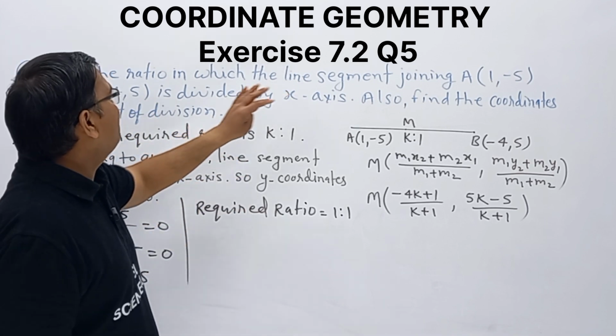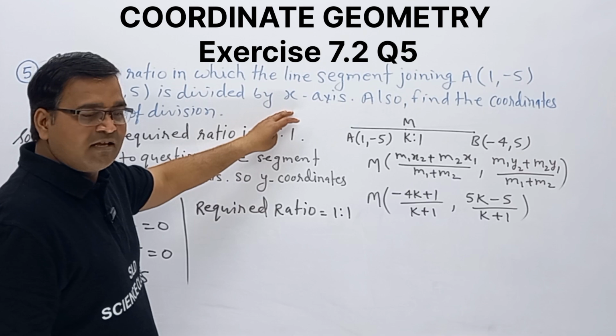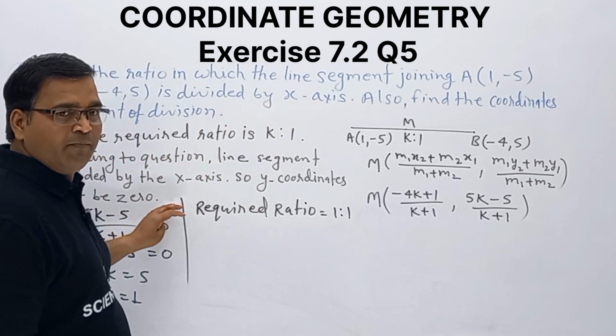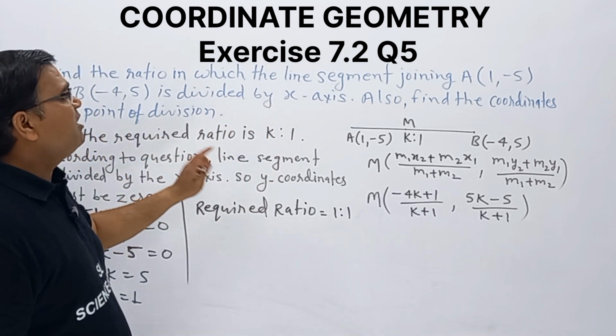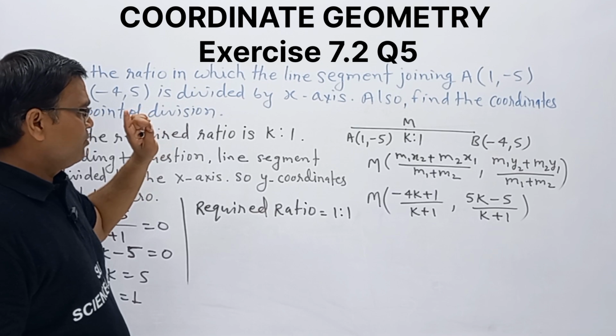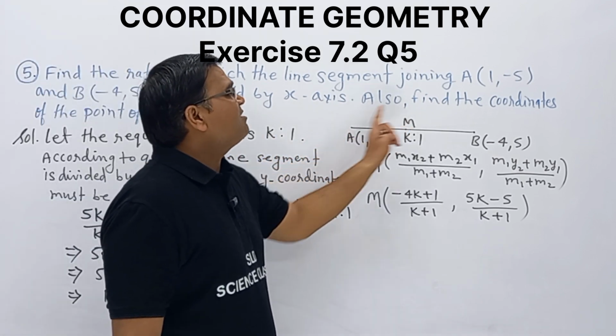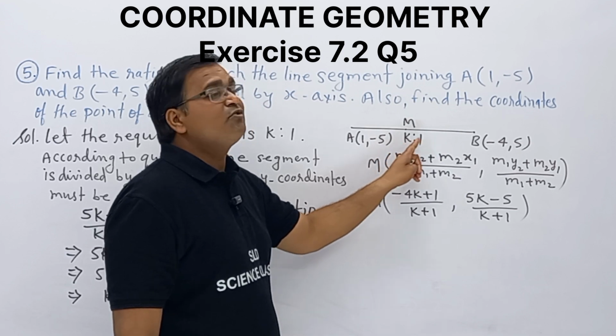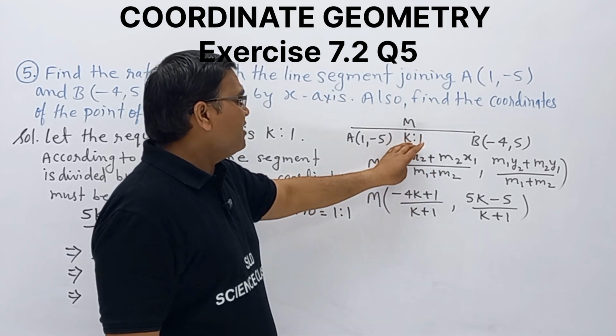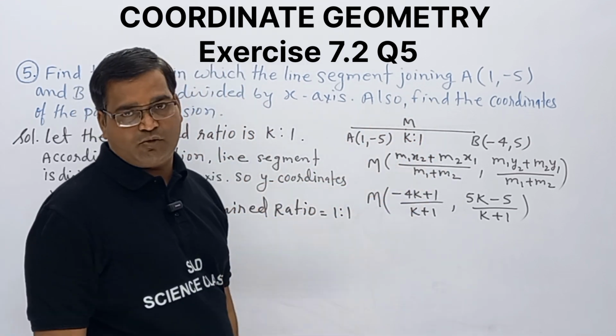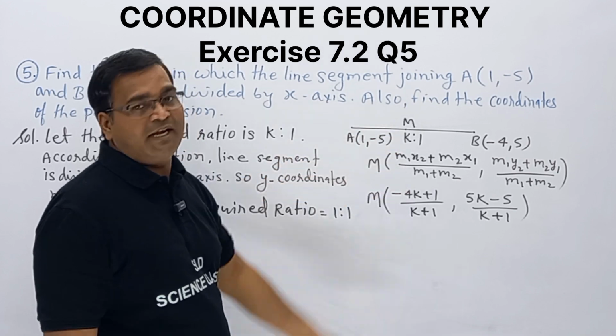The line segment is divided by the x-axis, so the y coordinate will be 0, and we require its coordinates. We assumed point M divides this line segment in the ratio k is to 1, and we obtained the ratio 1 is to 1. So what about its coordinates?